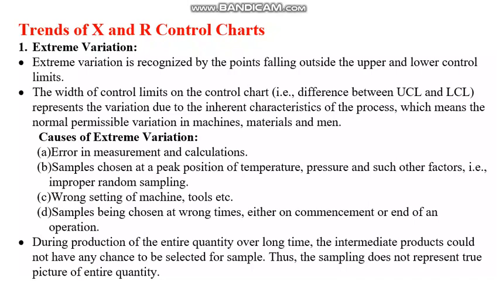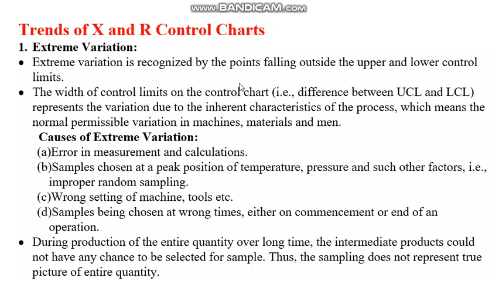Because of the extreme variation, the process is going out of control. Sometimes even wrong pieces, if we select them, it may be so. It simply doesn't mean that the process is going out of control. Anyway, let us see what the different trends in X bar and R charts are.